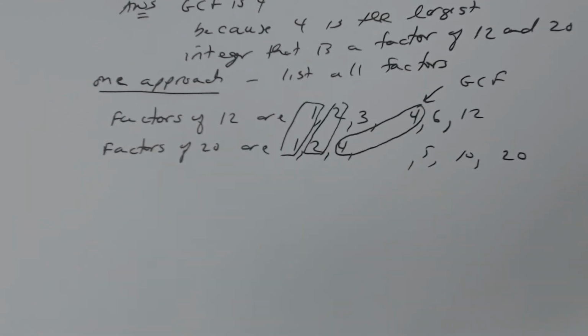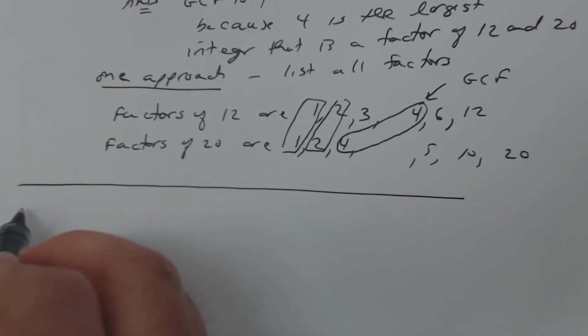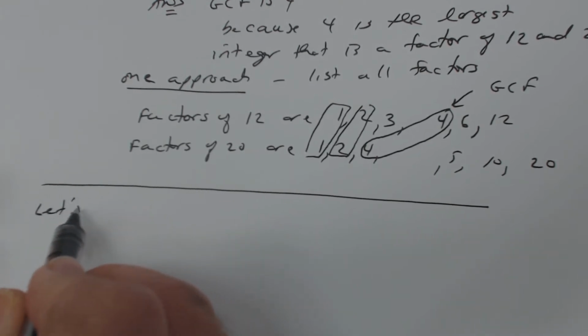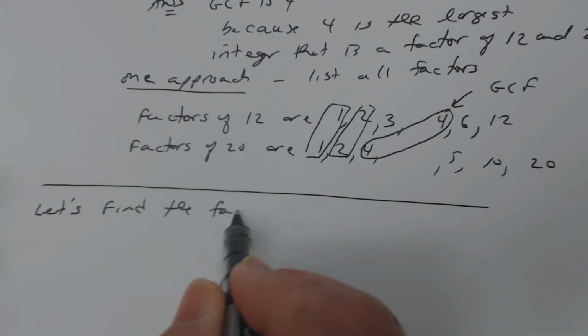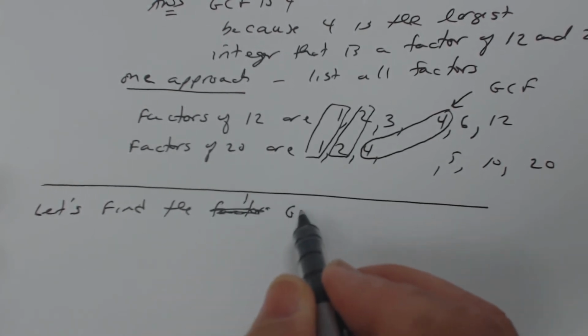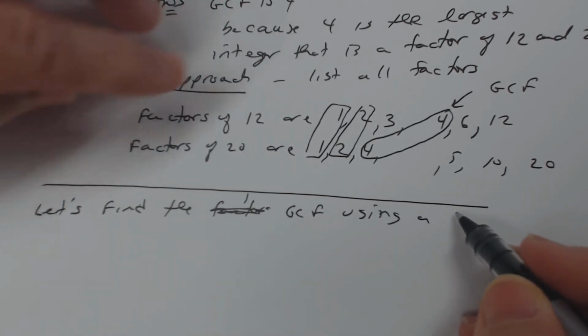Okay, now another approach is to use what's called the factor tree, and you did this in a previous course. So let's find the GCF using a factor tree.